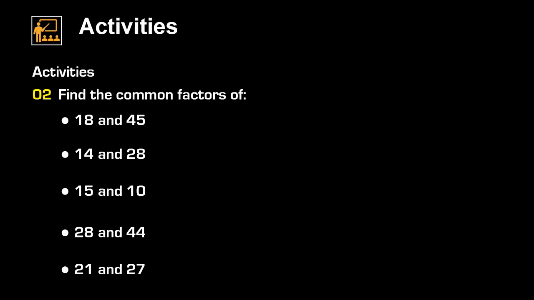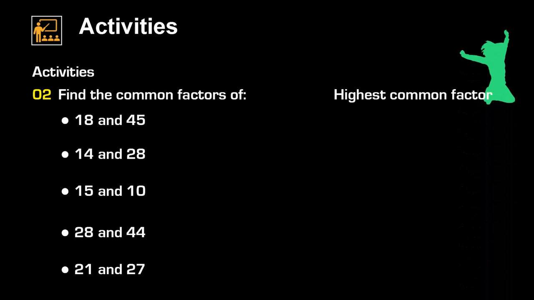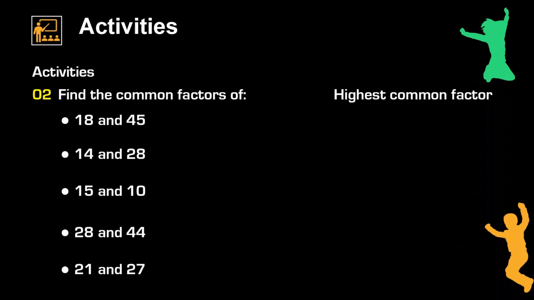What you can also do is you can pause the video and you can do this on your own just to check whether you understand it. And once you are done doing it, you can just play the video again just to check your answers and compare it with the answers that you see in the video.